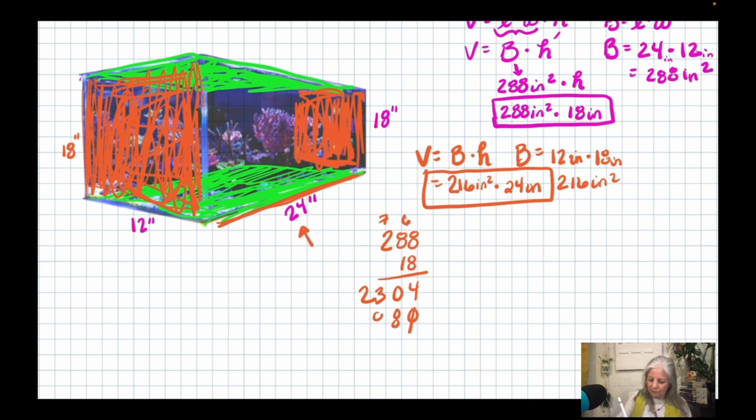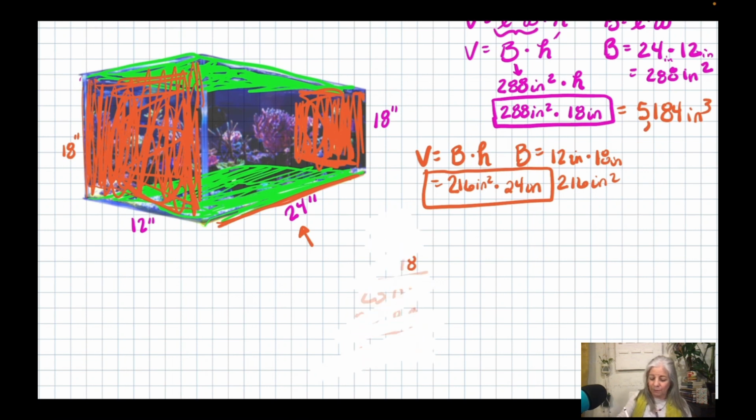So 5,184 for 288 times 18. So 5,184 inches cubed. Now, if I did it right, then we should get the same answer for 216 times 24.